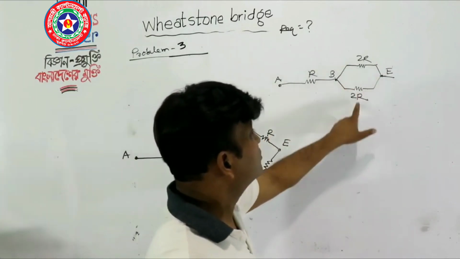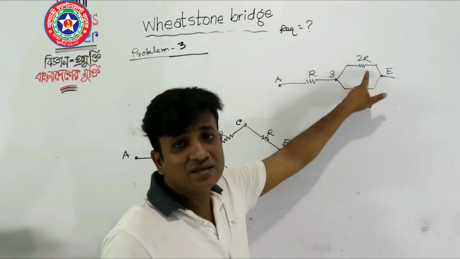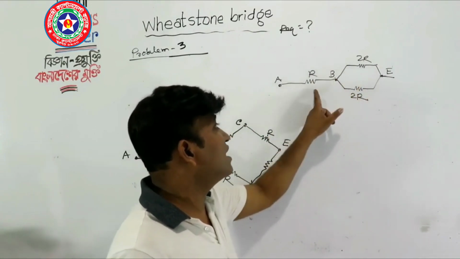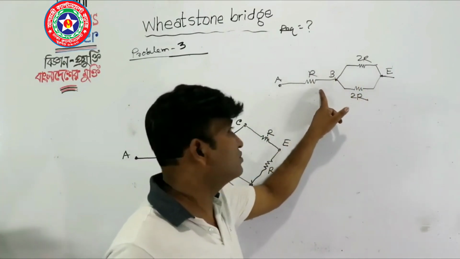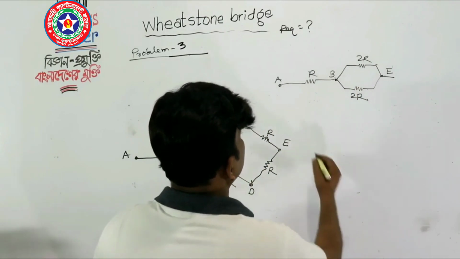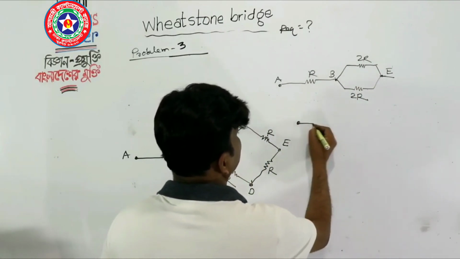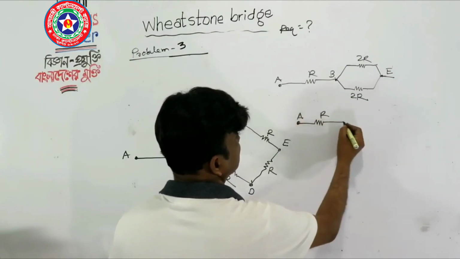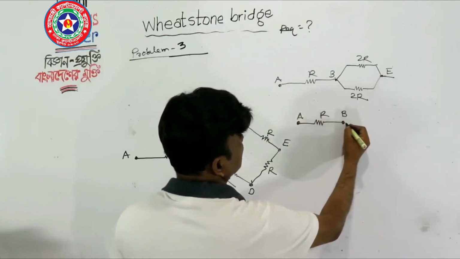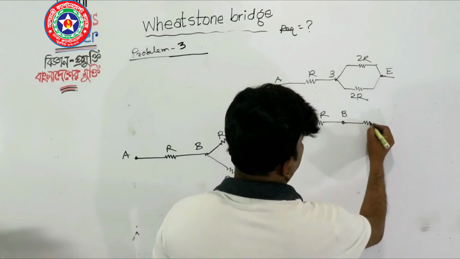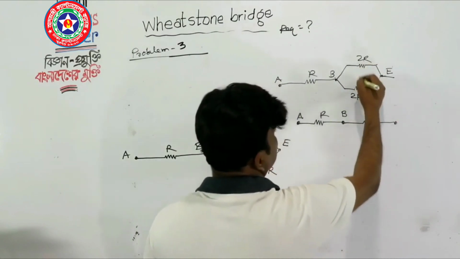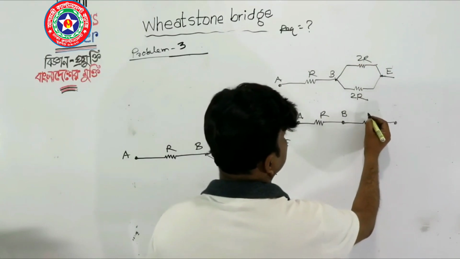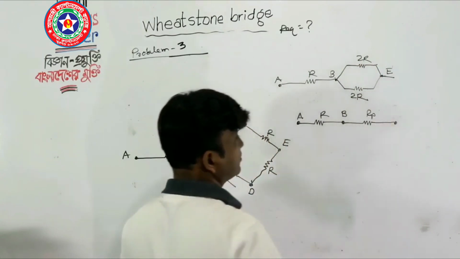Now these two resistances are connected in parallel, and it is also connected in series with this resistance. So we can again rearrange it as R. This is A to B, and here the equivalent resistance of the two resistances is, suppose, RP.